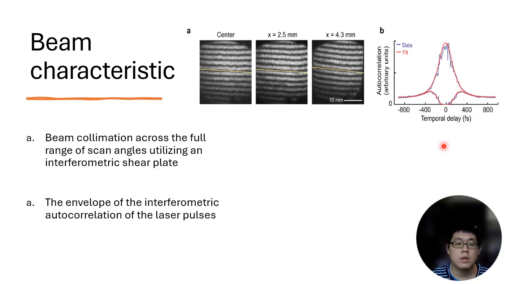And the data shown in figure B is about the envelope evaluated through the four optical paths of the microscope at the focus of the objective, and it calculates the fit to the envelope of the experiment in blue. The data is consistent with an initial pulse width of 110 femtoseconds that is chirped to a final width of 400 femtoseconds.